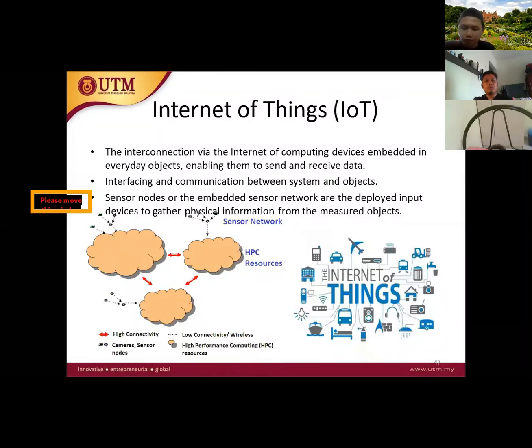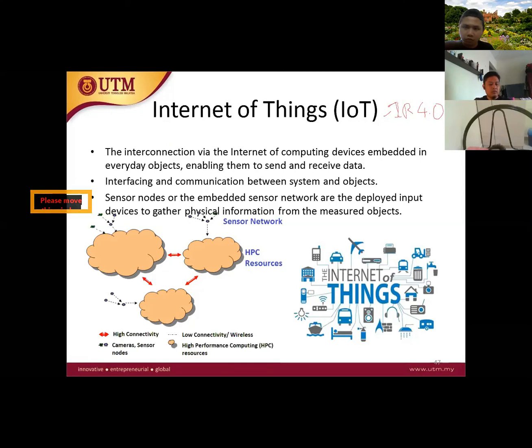Right, we continue. So with Internet of Things, I think this term has been mentioned many times. Basically, Internet of Things is a part of Industrial Revolution 4.0.